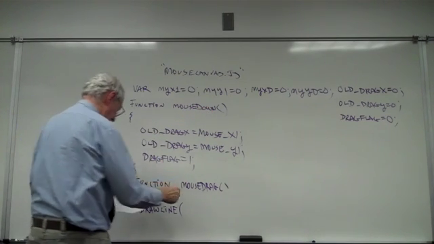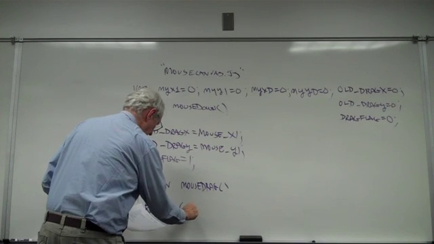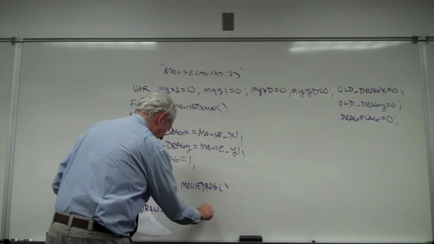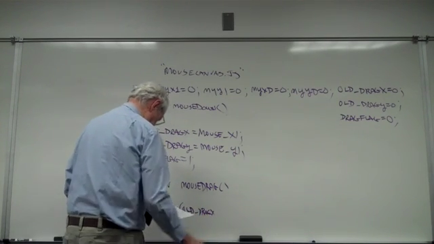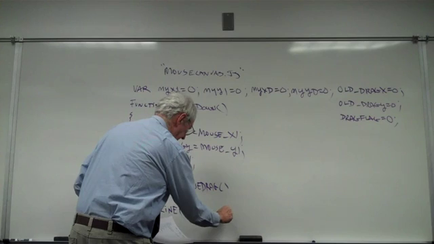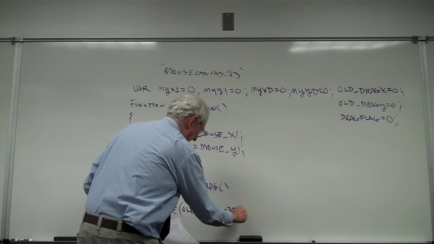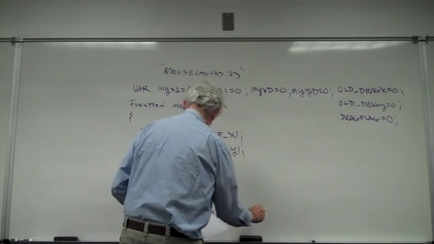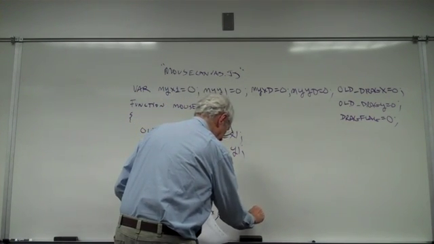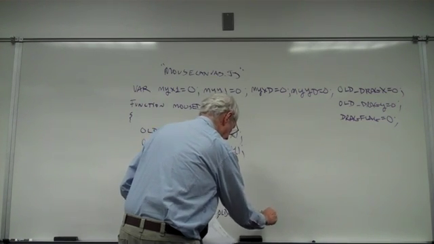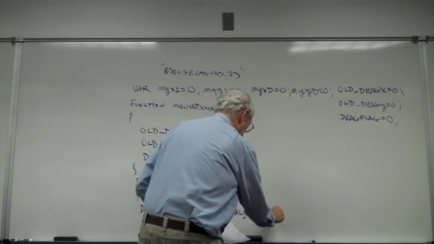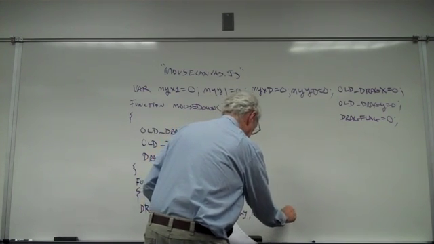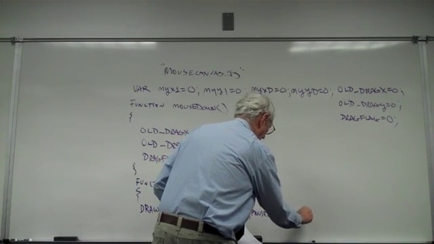I want to draw from that point, which is old drag x, comma, old drag y, to the new point, which is, this is drag, so it's mouse xd, comma, mouse yd.